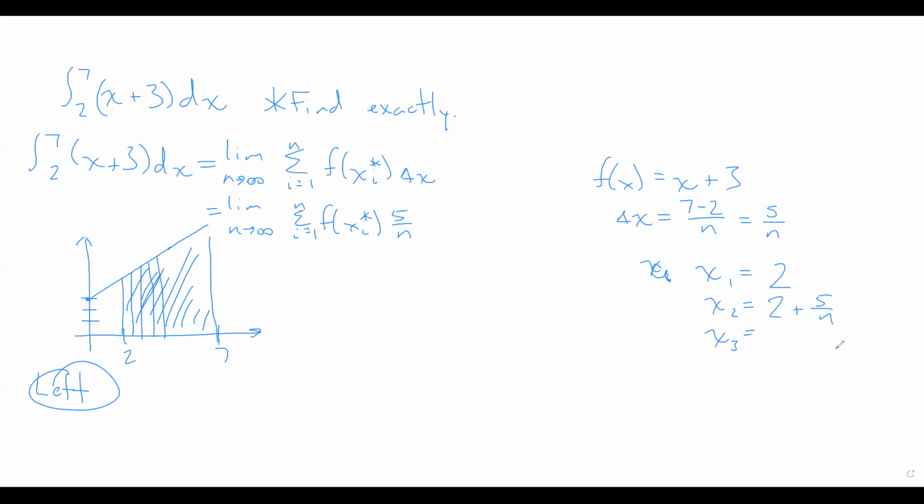Garrett is offering this about the next point. Do we agree with that? Yeah. Starting at 2, to get to the next one, I add 5 over, not 5 in, 5 over in. So, see the pattern emerging?